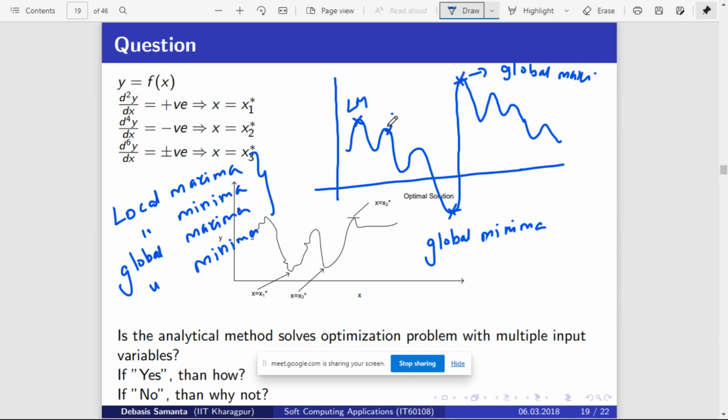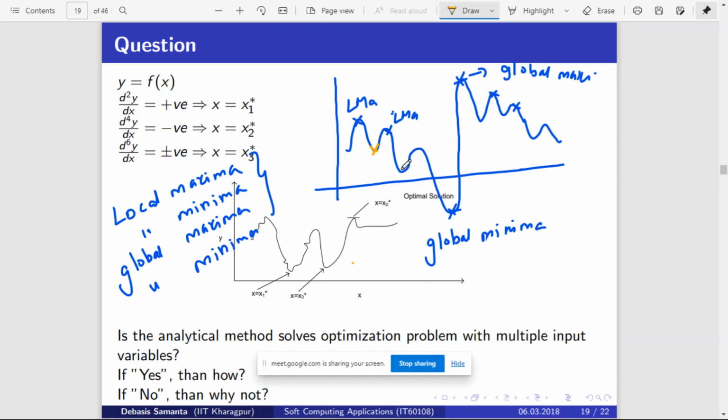This is also local maxima, right? All these points are local maxima. I'll use a different color. What about these points? These points are local minima, right?